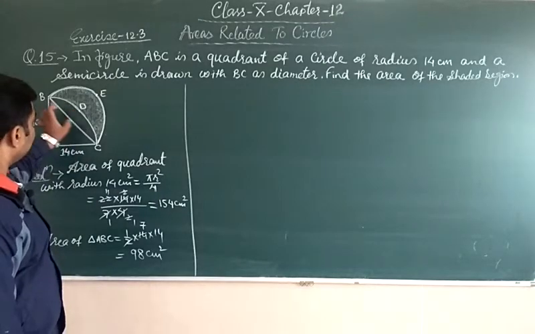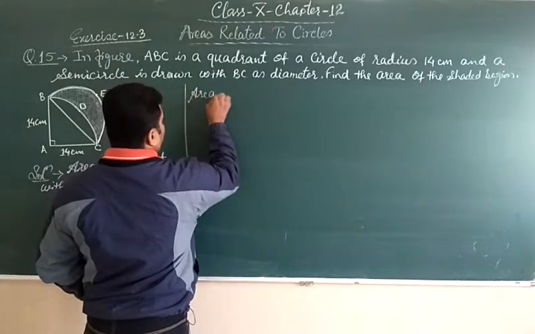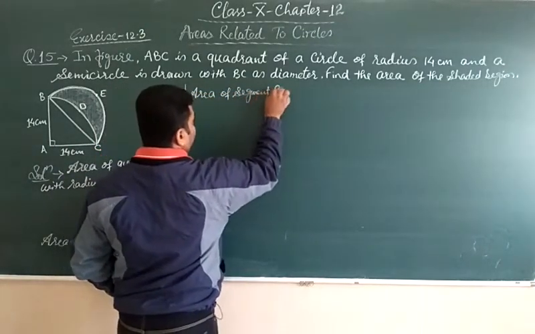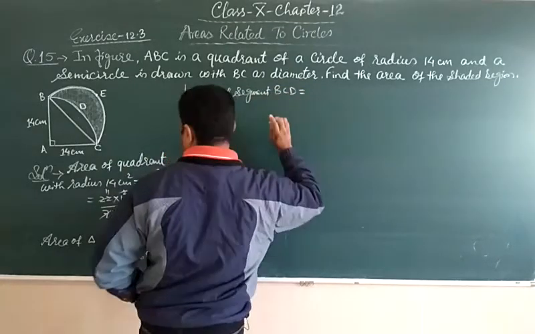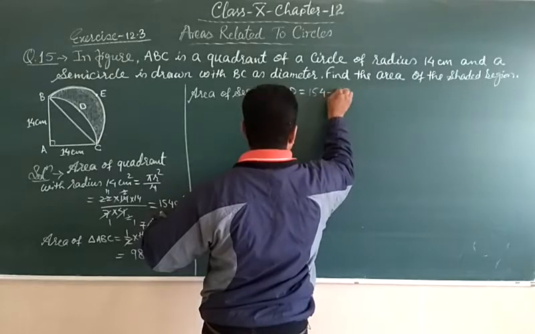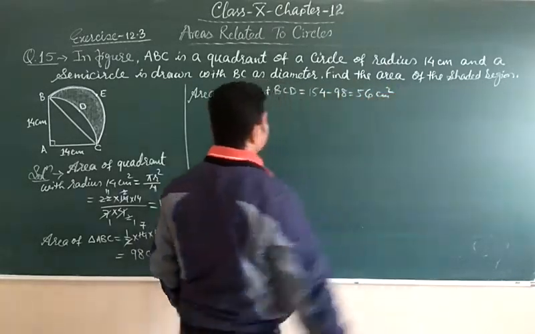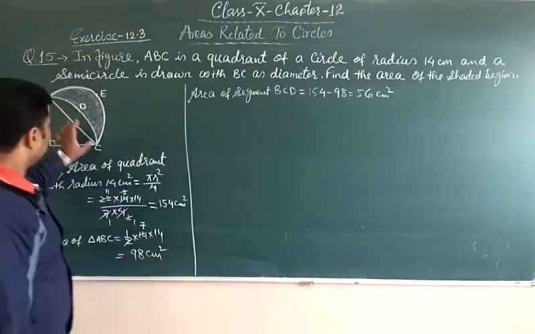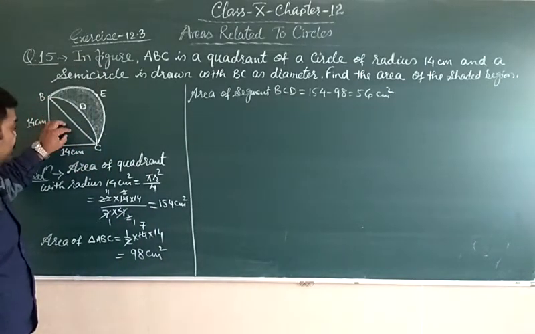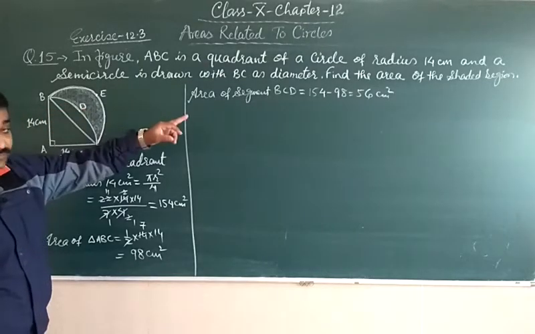Now the area of segment BCD is equal to 154 minus 98, that is 56 centimeter square. Got it? To find this portion, we subtracted the area of this triangle from the area of this quadrant, which gave us the area of the segment.